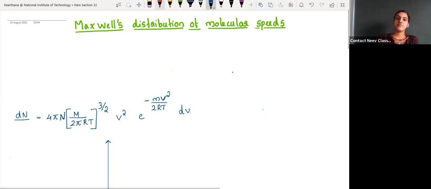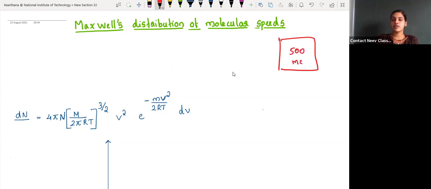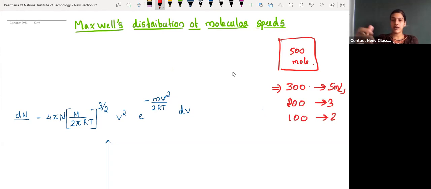Just like I can tell you, there are 500 molecules present in a container, and there is a distribution, where 300 molecules have a velocity of 5 meters per second, 100 molecules have a velocity of 3, and 100 have 2. Certain sets of molecules will have separate velocities. Just for simplicity, I'm taking only 3 sets.